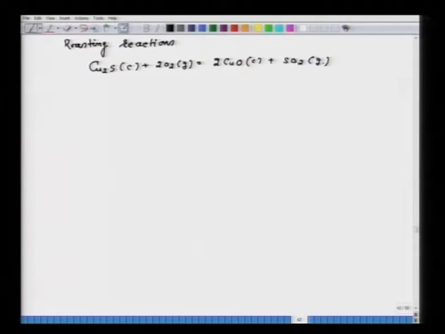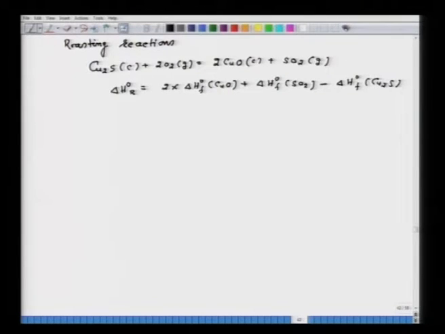Now, I can calculate the heat of reaction, delta H naught R, that will be equal to 2 into delta H naught F of CuO plus delta H naught F of SO2 minus delta H naught F of Cu2S.